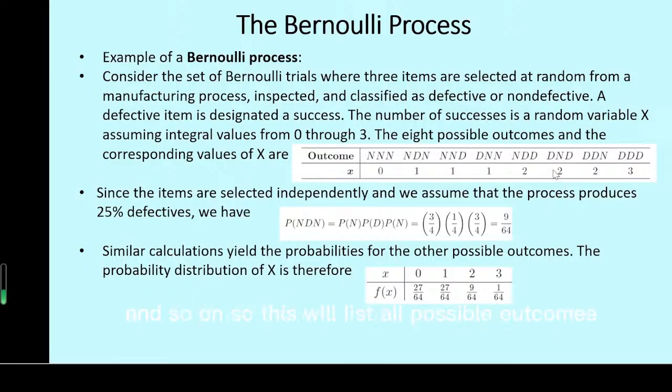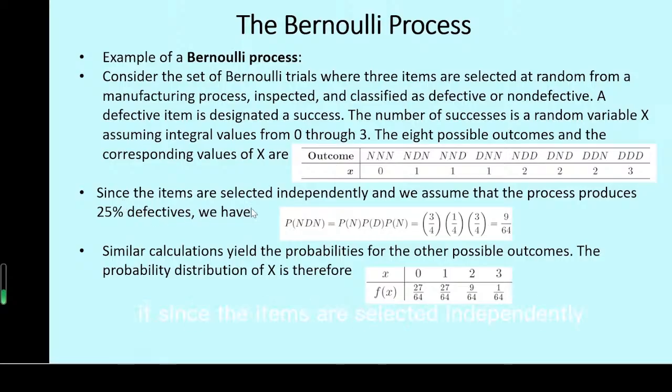So this lists all the possible outcomes of all 3 trials. Then X means the number of successes. Here the success is a defective, so we just count how many defectives are in each result. Clear, right? So this is the random variable X.